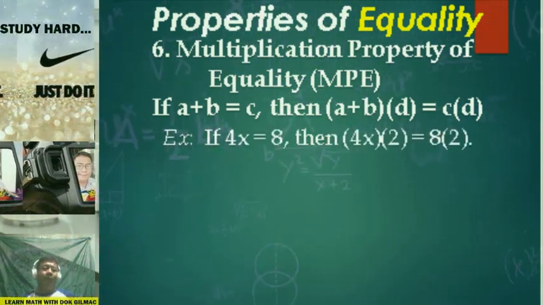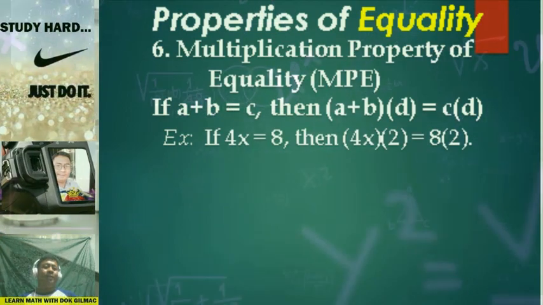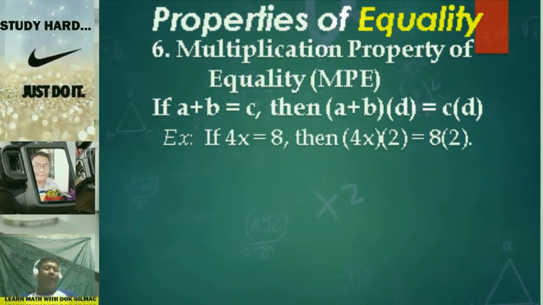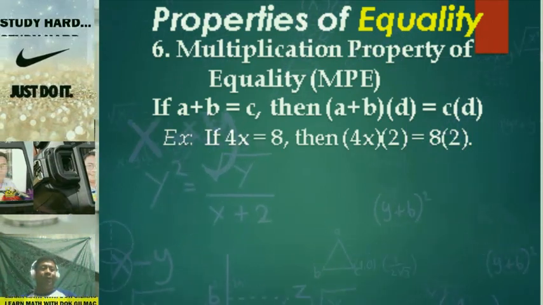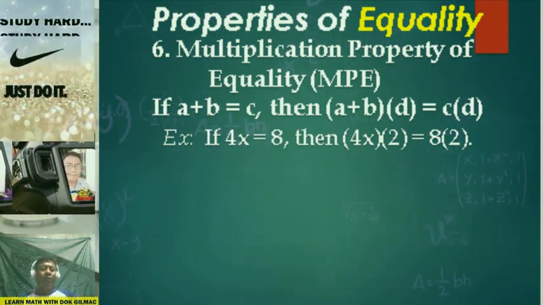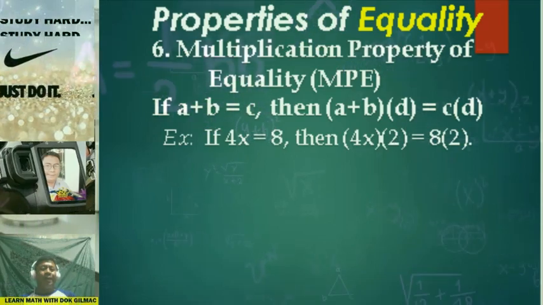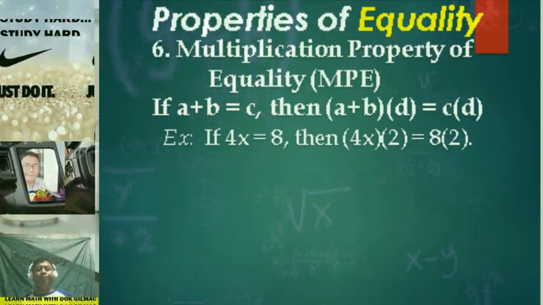For example, if 4x is equal to 8, then quantity 4x times 2 is equal to 8 times 2. As you can see, 2 is multiplied on both sides of the equation.